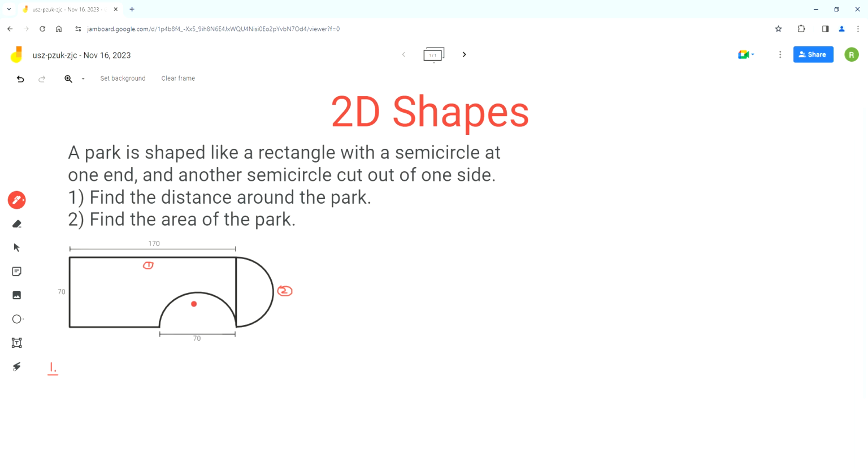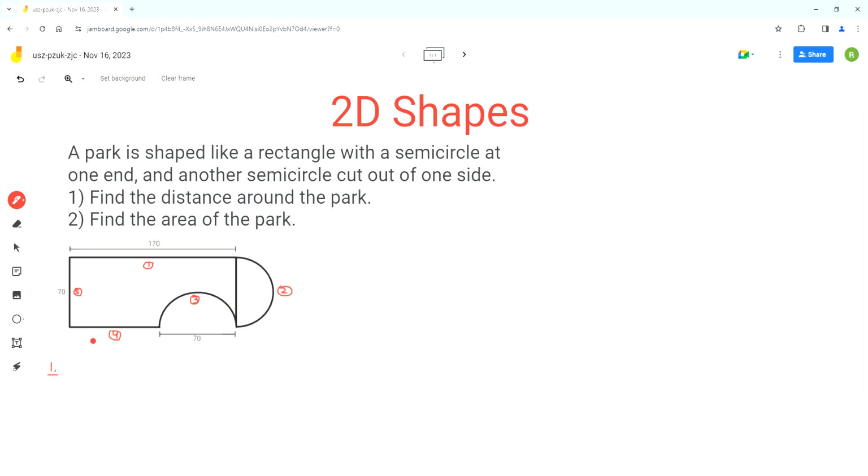And then there is this part of the length of the rectangle. That's the fourth part. And finally, it's the width of this rectangle. That's the fifth part. So we have to add up the lengths of all of these parts to find the distance around the park.